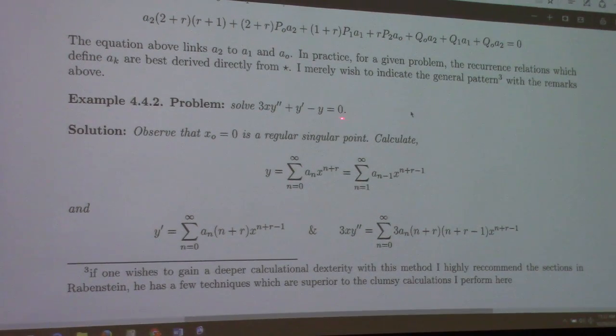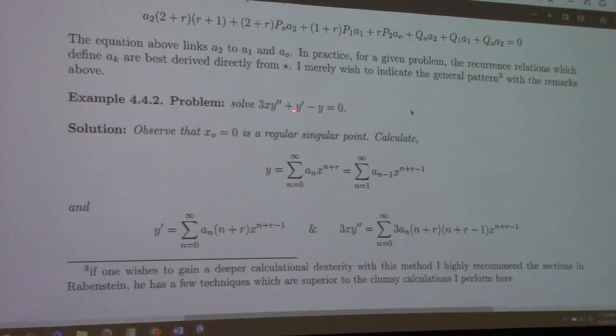If you divide this by 3x, it gives you y prime prime plus 1 over 3x y prime minus 1 over 3x y equal to 0. So the p would be 1 over 3x. The q would be minus 1 over 3x. x times p is 1/3, right? x squared times q is just, I think, x over 3. So of course 1/3 and x over 3 are analytic, which shows that it's a regular singular point. So you can sort through that.